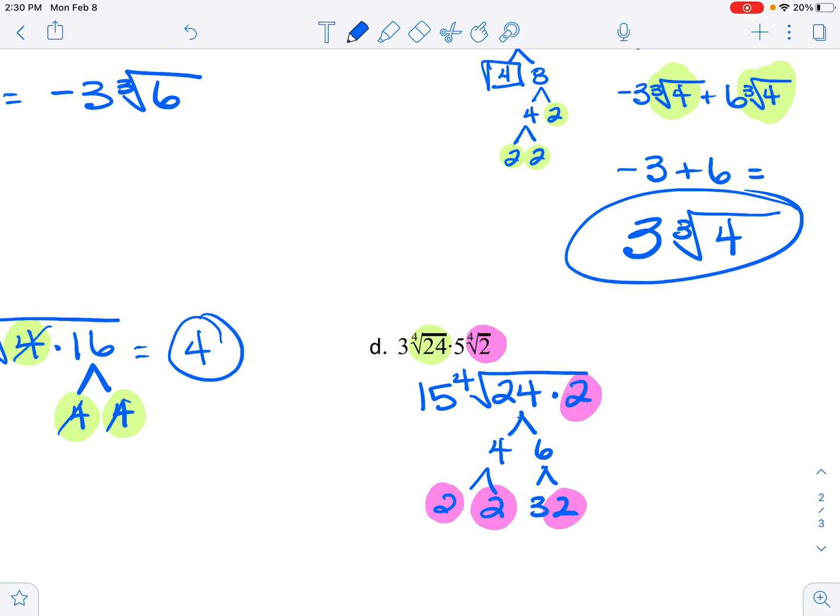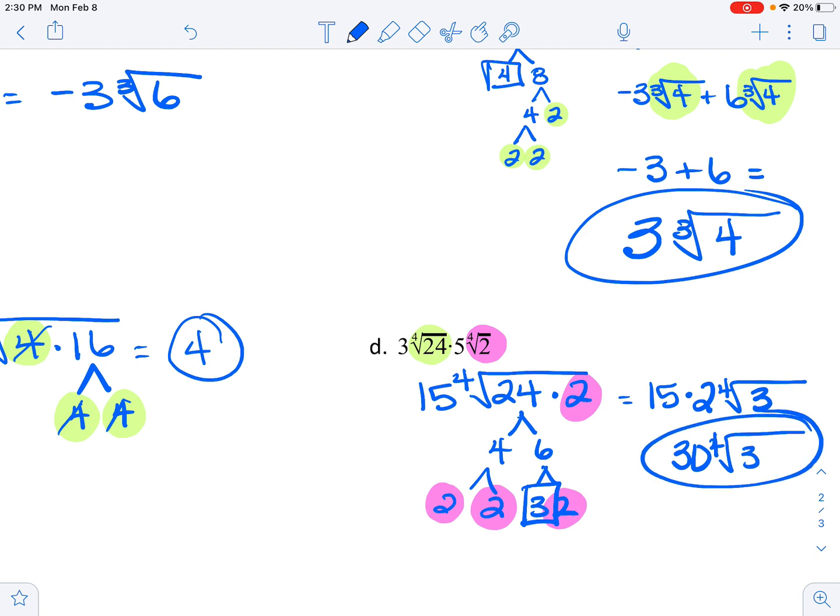I've got 4 of them on the inside. That means I can pull a 2 out. That is 15 times 2 times the 4th root of what's left inside, which is a 3. 15 times 2 is 30, and the 4th root of 3.